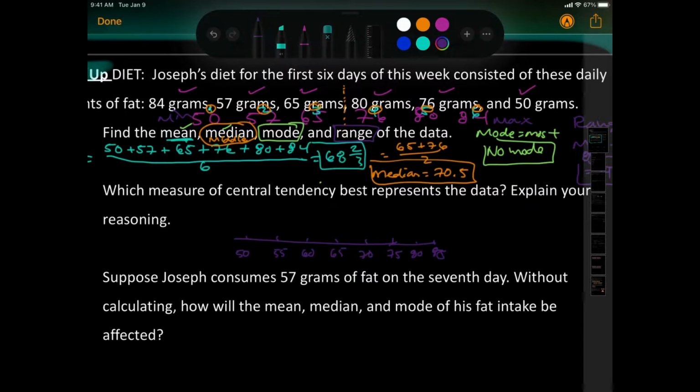And so if I make a dot for each number, let's go from smallest to biggest. So I have one at 50, 57, 65, and then 80 and 84.